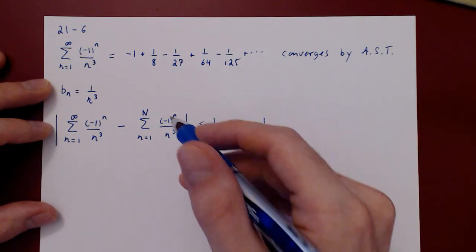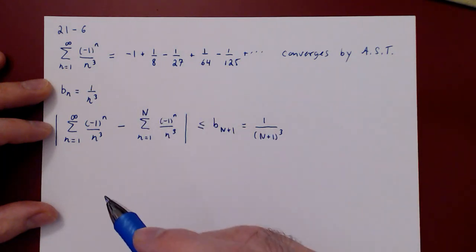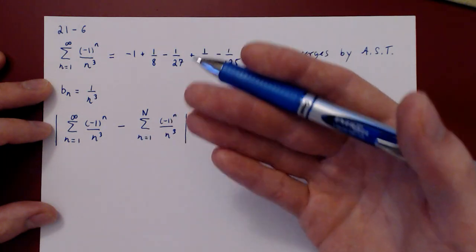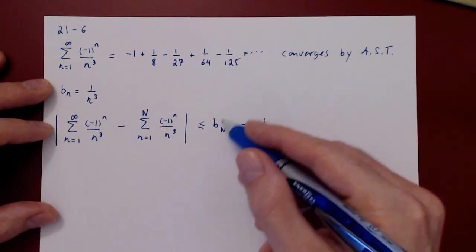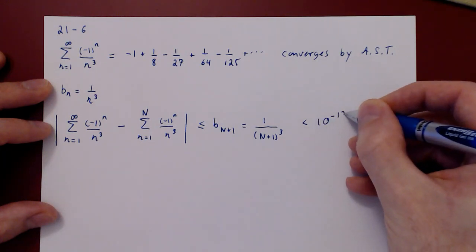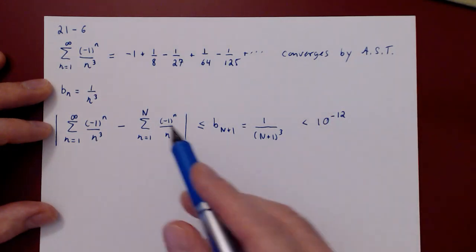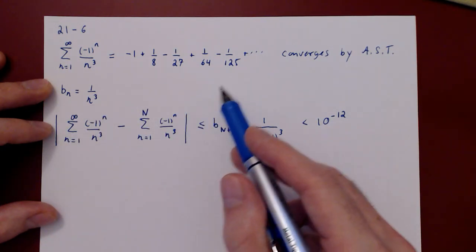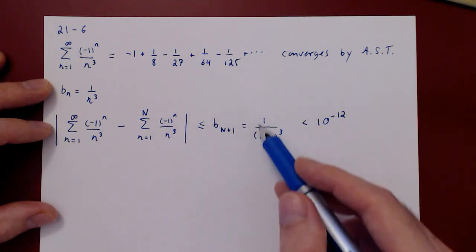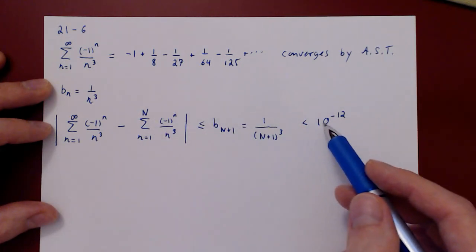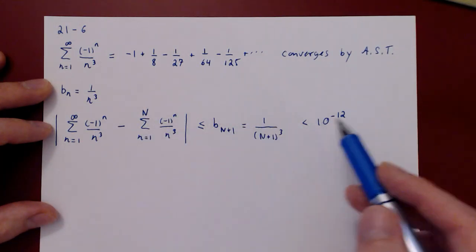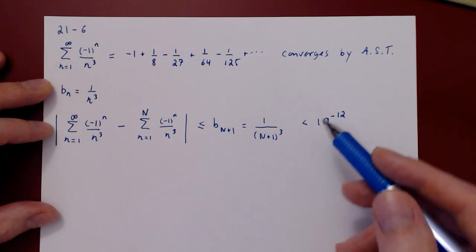We want to make sure that we sum enough terms of the series to guarantee the error to be smaller than, say, 10 to the negative 12. Well, if we make the upper bound less than 10 to the negative 12, then this of course works, right? If the error is always less than 1 over n plus 1 cubed, and we choose n to be sufficiently large to make this less than 10 to the negative 12, then the error obviously will be also less than 10 to the negative 12.